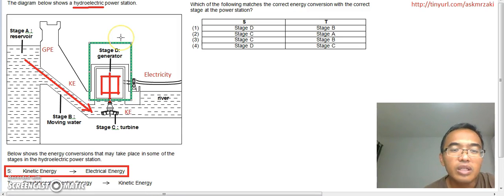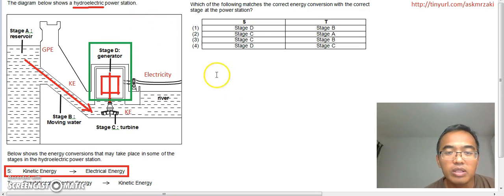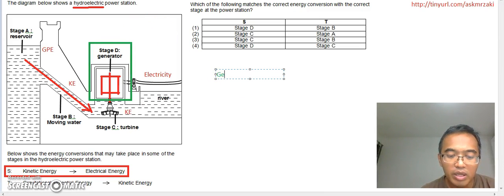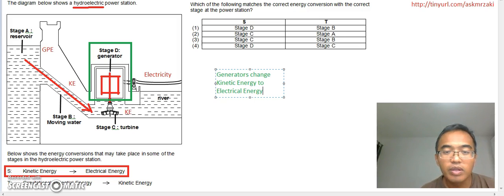Remember, a generator converts kinetic energy into electrical energy. I'm going to write that down because it's a very important thing to remember. Generators change kinetic energy to electrical energy.